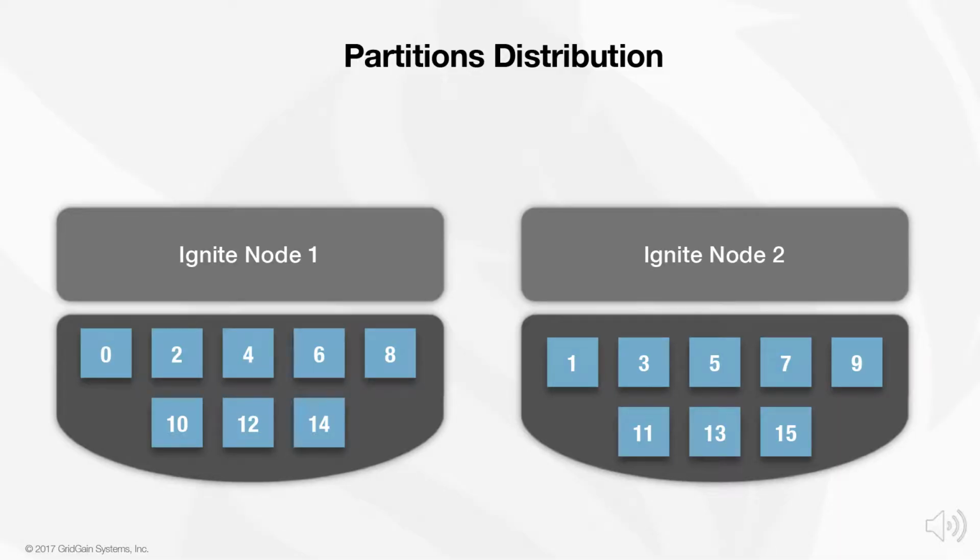If you have 2 nodes and several partitions, you will have a certain distribution. There is some algorithm that decides how to do that. In a very simple example, it would be a round robin: partition 0 on node 1, partition 1 on node 2, and so on.